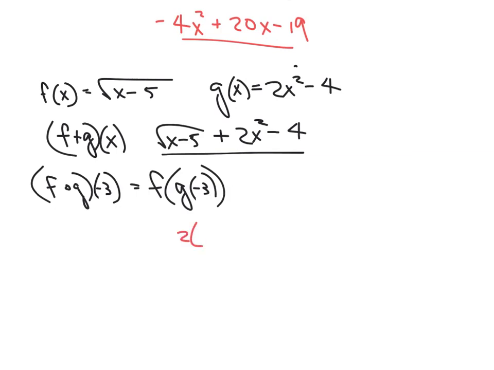So 2 times -3 squared minus 4 is going to be 14. Okay, and now we're going to take that 14, because we got it there, and wherever I see an x here, I'm going to put my 14.